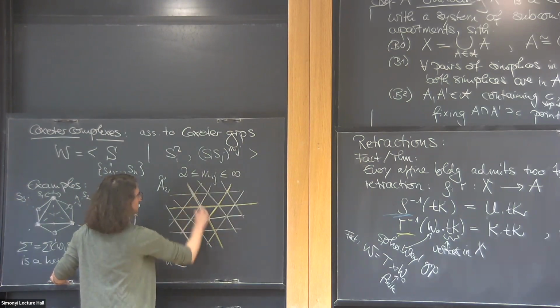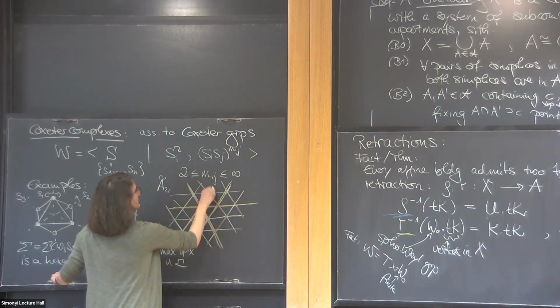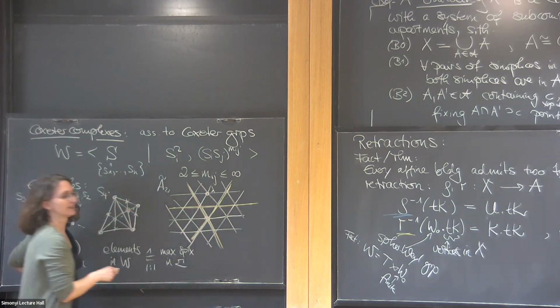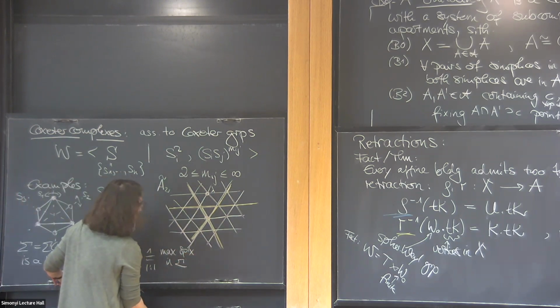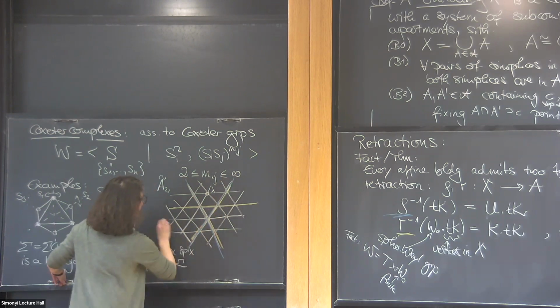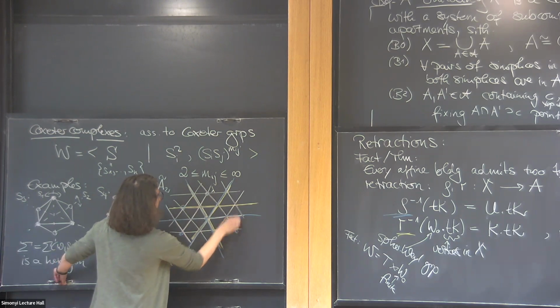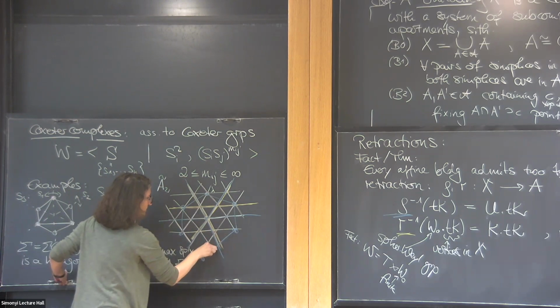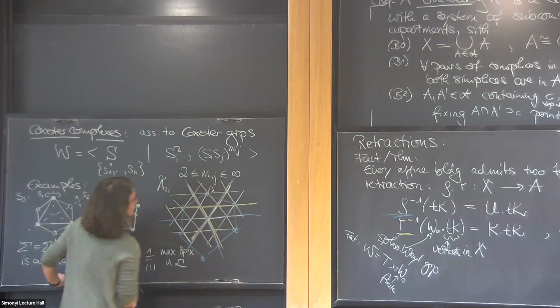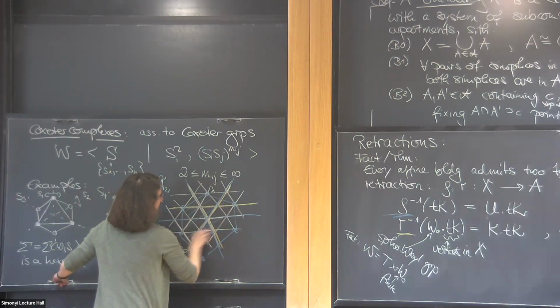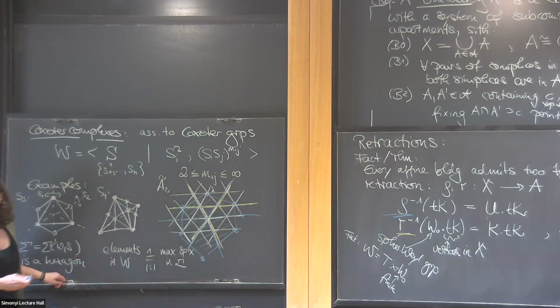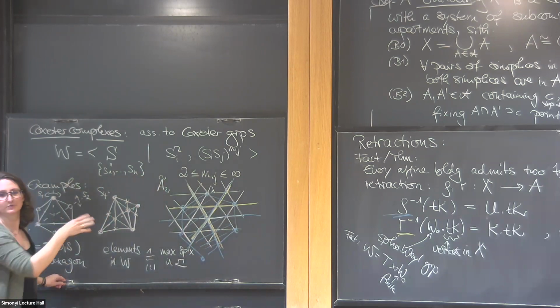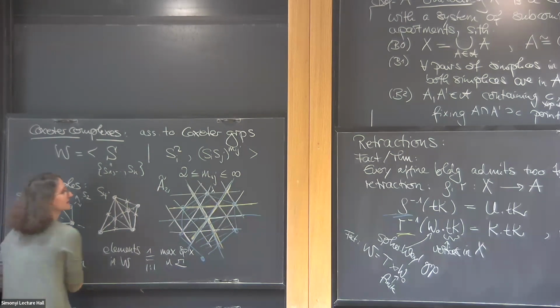So if here's your origin, say here is your T to the lambda, and then you really take the spherical Weyl group orbit of this guy first, which will give you 6 vertices in here. You take the metric convex hull, Euclidean distance, and then you take anything in here, which is also a white vertex. All the coweight lattice elements.